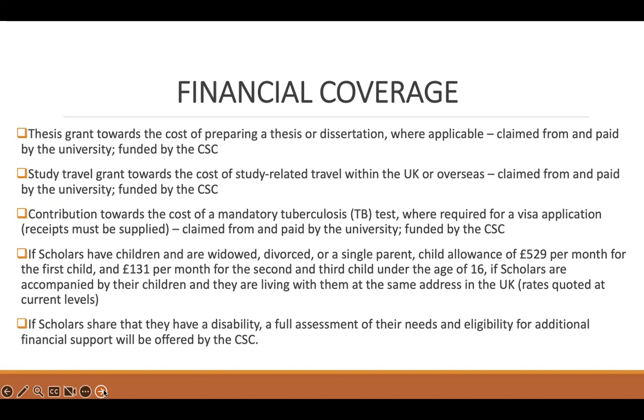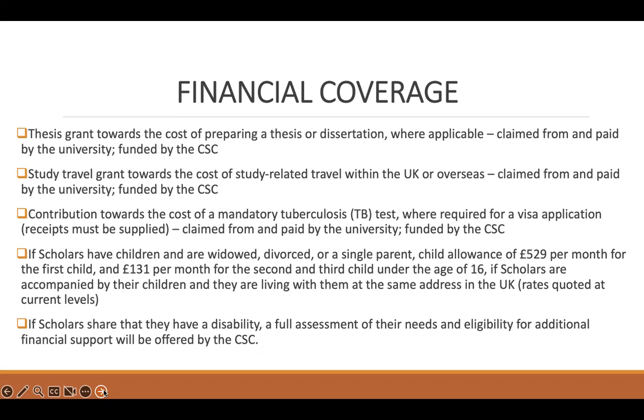So the only comment I have here is if scholars have children and spouses. I think this actually applies mainly to PhD scholars. They are the ones who actually get this privilege of getting allowance for their child, and their spouse is also covered in the scholarship. But for masters, they believe it's just a year.